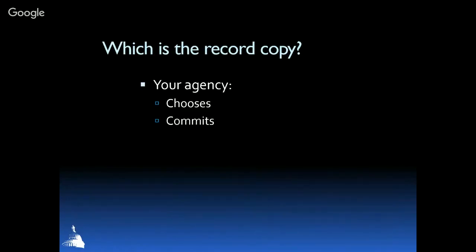But at the same time, they are committing to maintaining the record copy for the duration of the scheduled retention, and then must manage all of the copies of the record and preserve the record copy in a way that makes it accessible and authentic for the duration of the retention, and then disposes of the record according to the scheduled disposition.